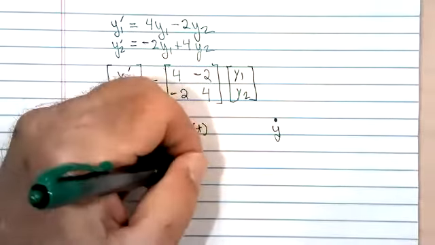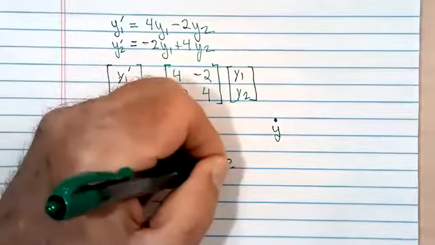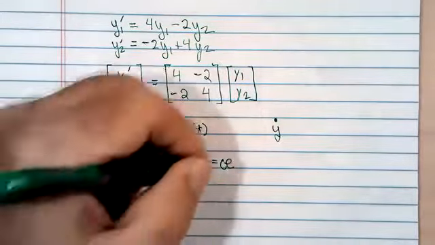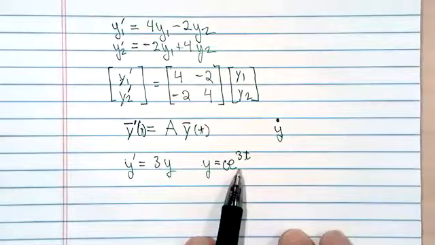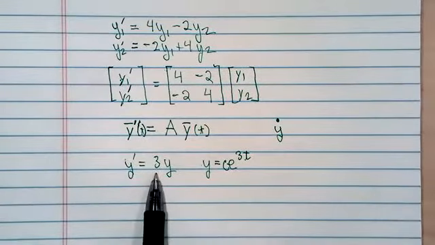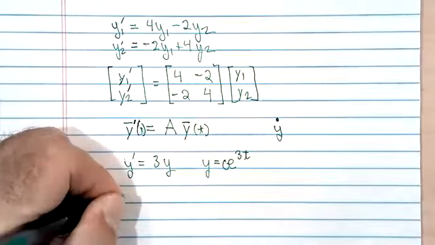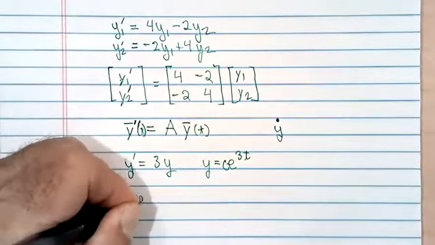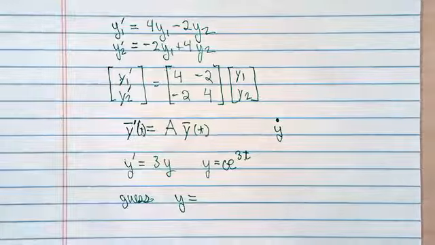The solution to this would be y equals some constant c times e to the 3t. When you take the derivative, you do in fact get a chain rule factor of 3 popping out here. So it wouldn't be unreasonable to guess that y has this kind of an appearance.